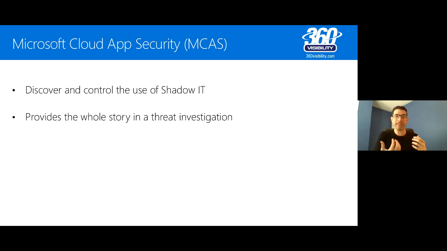Well, you should probably know about it, or lock it down, or do whatever you need to do, but if you don't know about it, then how do you know that this is even happening? So enabling these services gives you the ability to see what's going on. Sendel is actually just going to show you what MCAS is all about, how people are providing access, and what you can do about it.